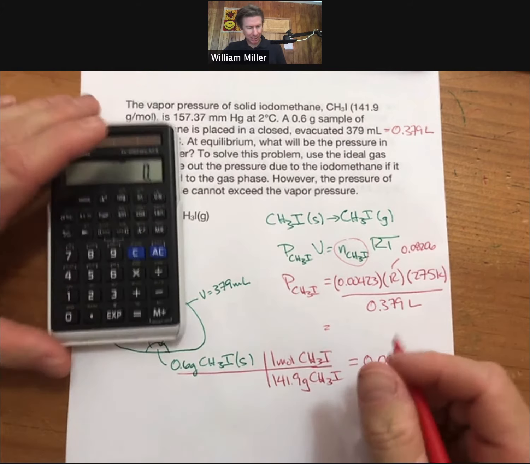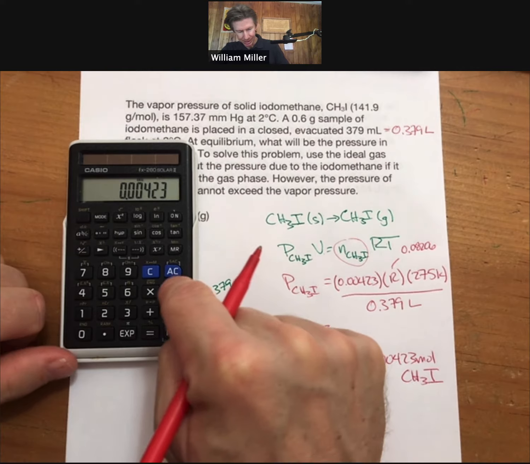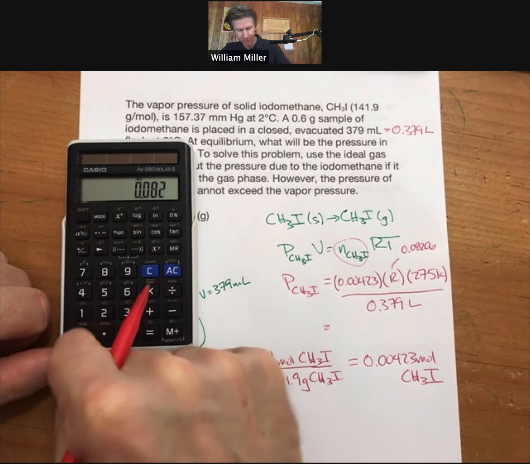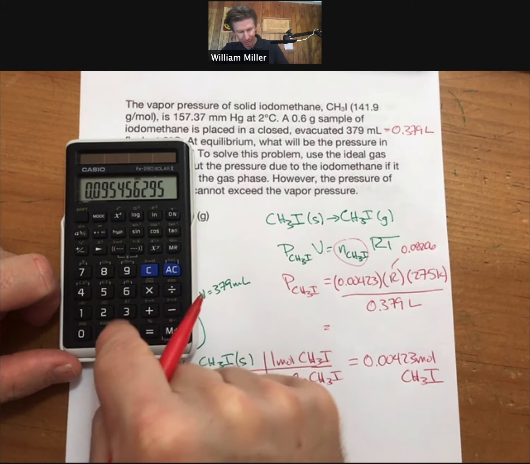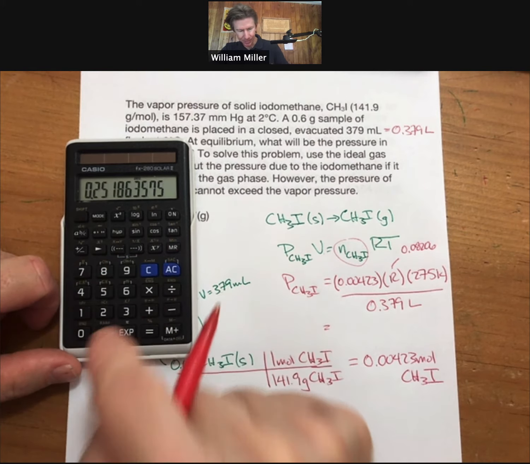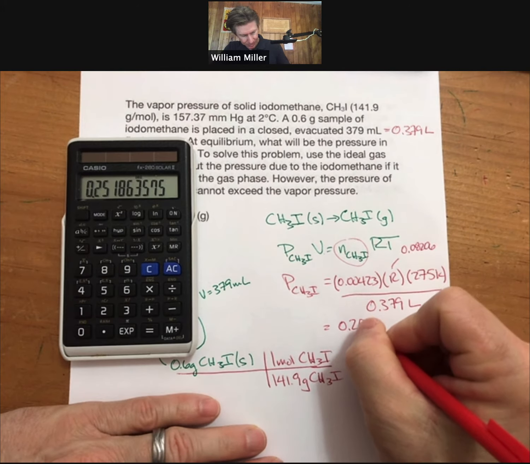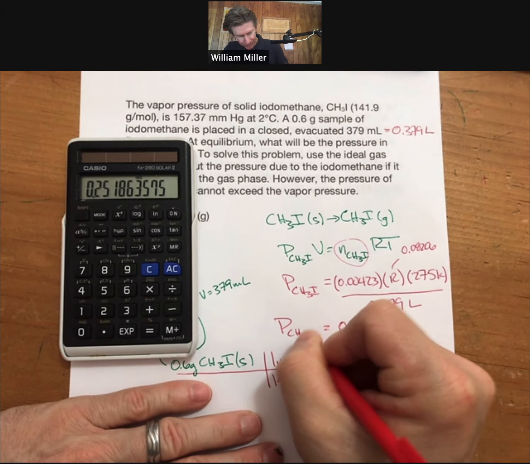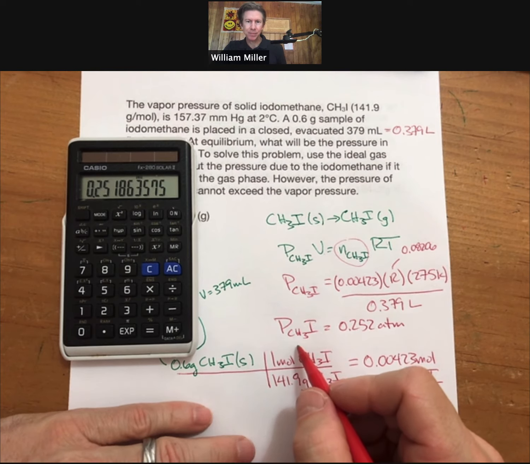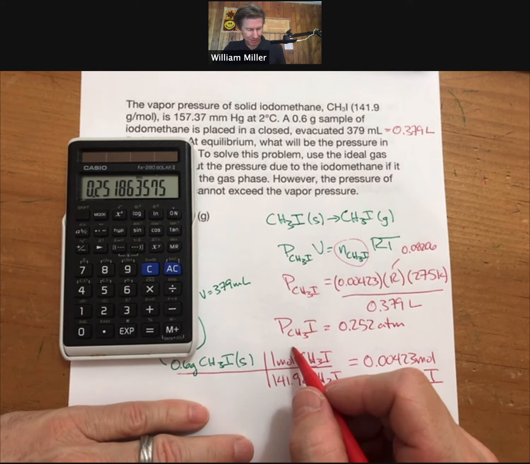So let's see here, 0.00423 times 0.08206 times 275 divided by 0.379. I get 0.252 as the partial pressure of iodomethane if it all goes into the gas phase.